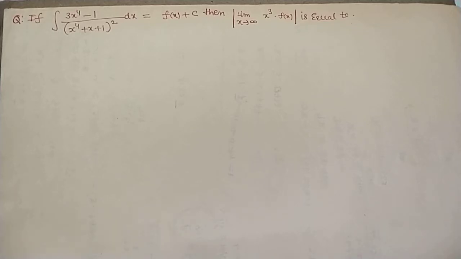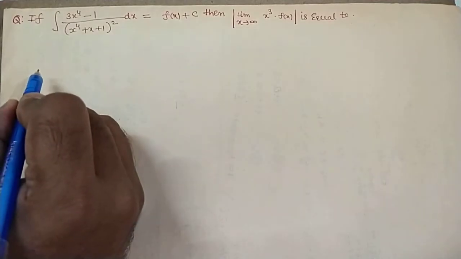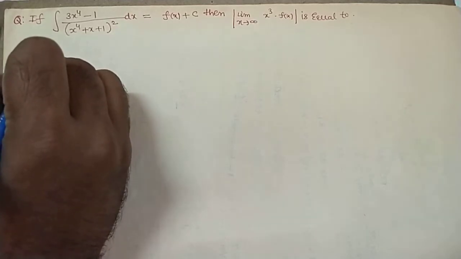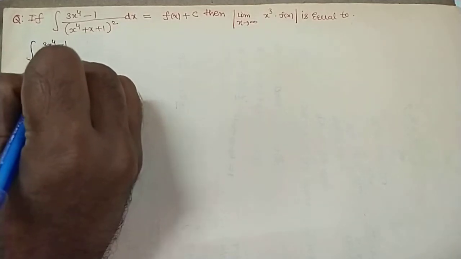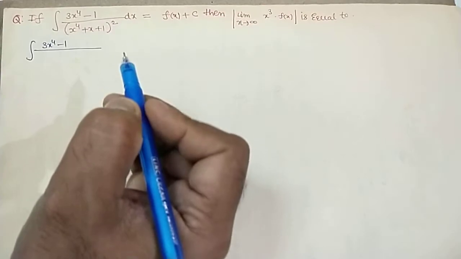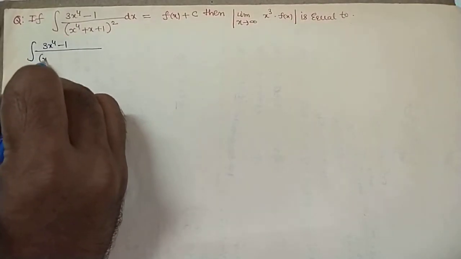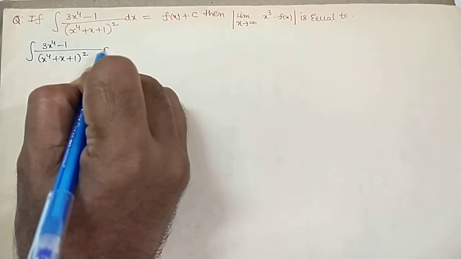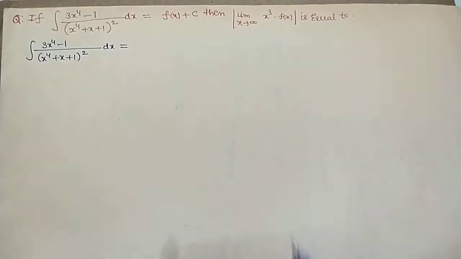So first you have to consider the given integral (3x power 4 minus 1) divided by (x power 4 plus x plus 1) whole square into dx, which is equal to.